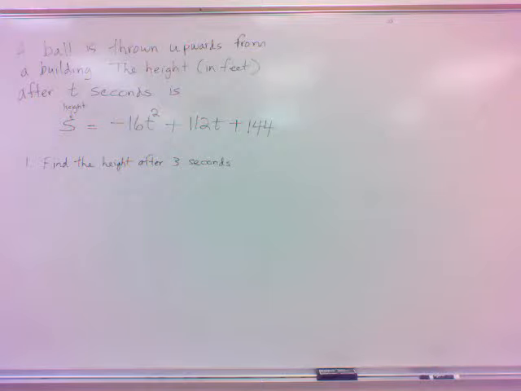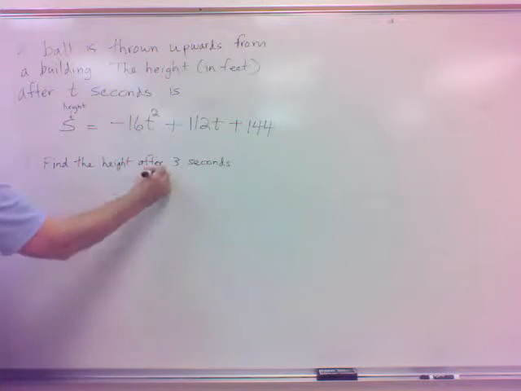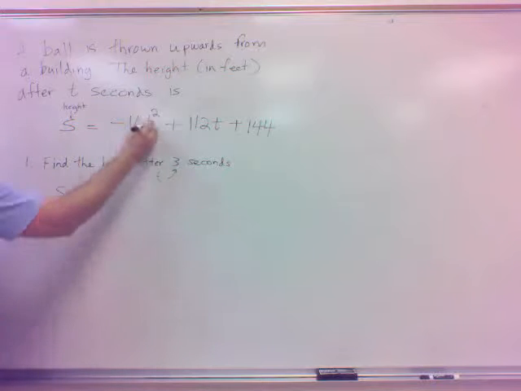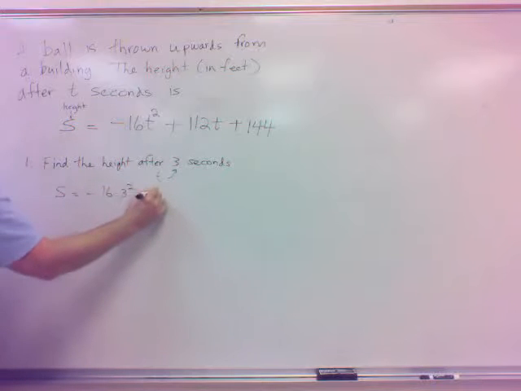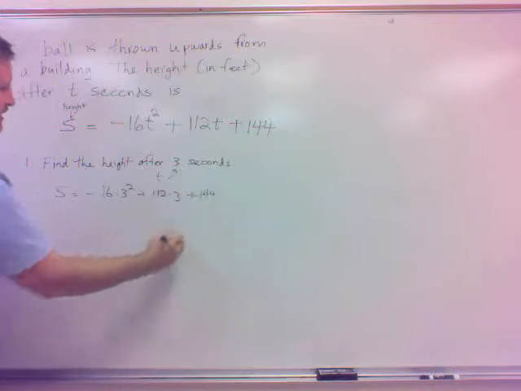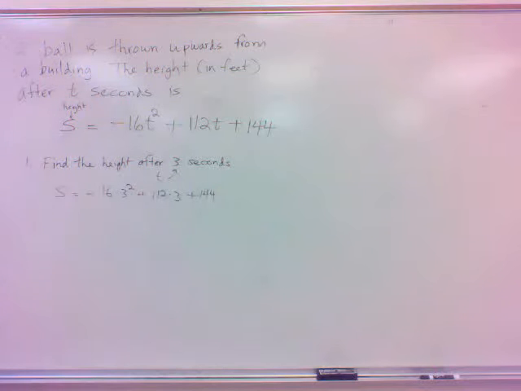Well, just plug it in, right? What is the 3? Where does the 3 go? That's the time. T is 3, so I've got S is negative 16 times 3 squared plus 112 times 3 plus 144. This one's just substituting in. There's nothing really to solve other than calculate.